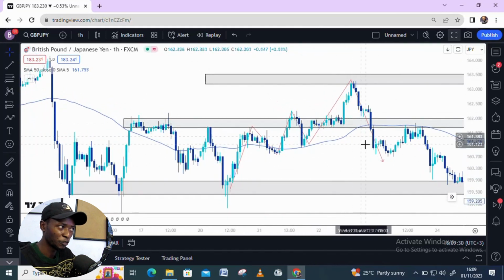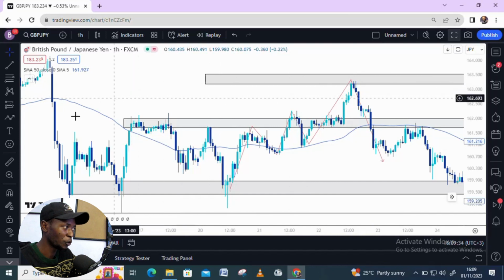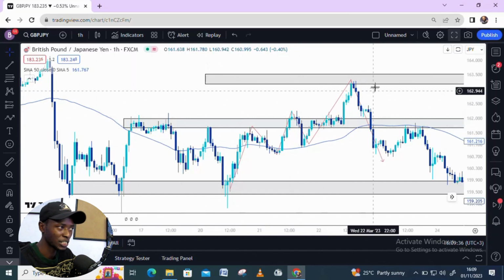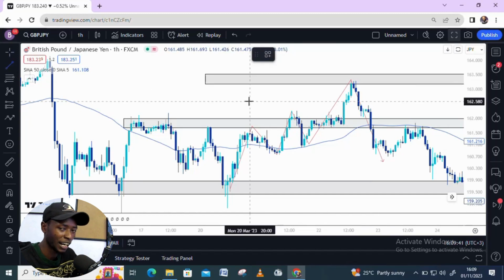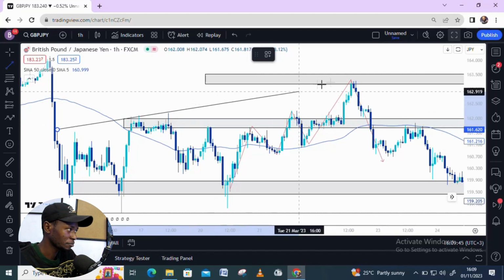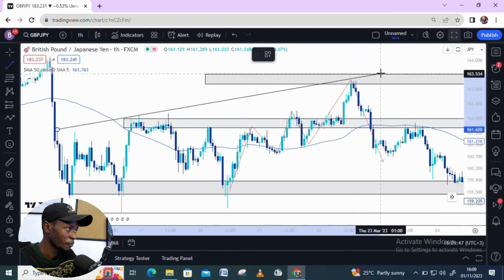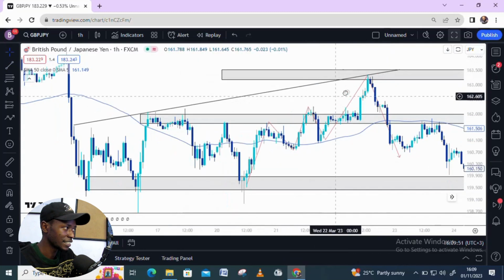For you to identify this reversal, you have to identify what the trend of the market was. So we can identify it using our tools, the trend line. That is the trend line.